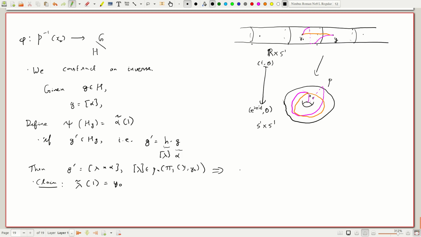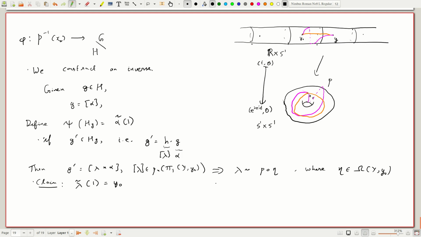So that implies that lambda is homotopic to P composed with eta, where eta is a loop at y0.